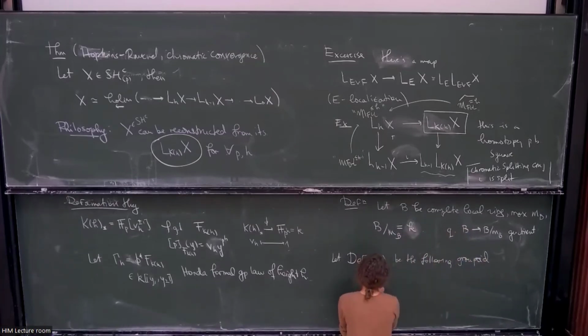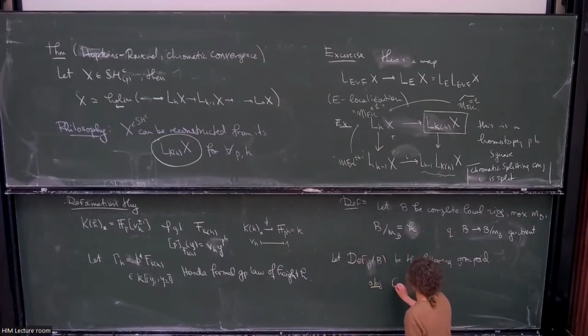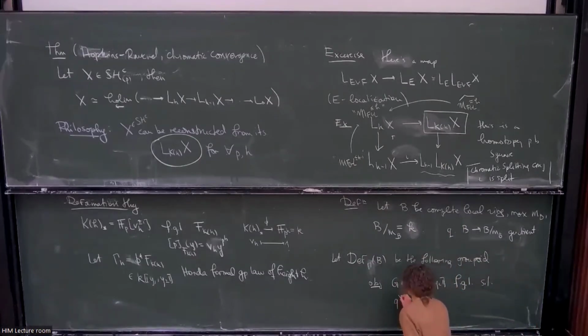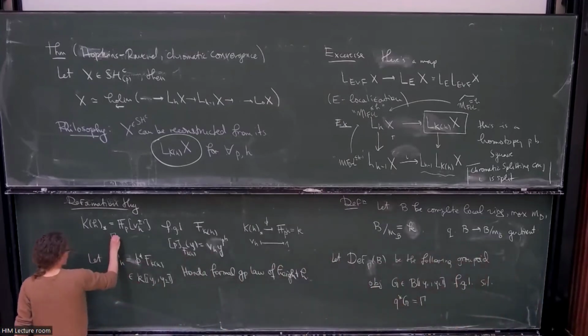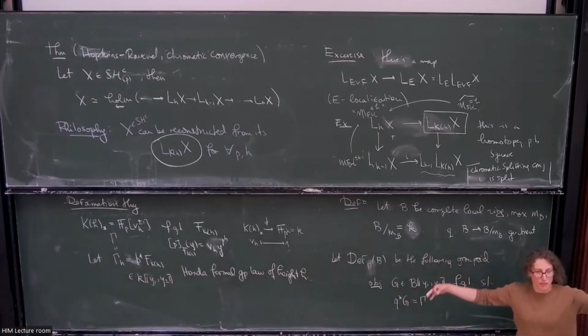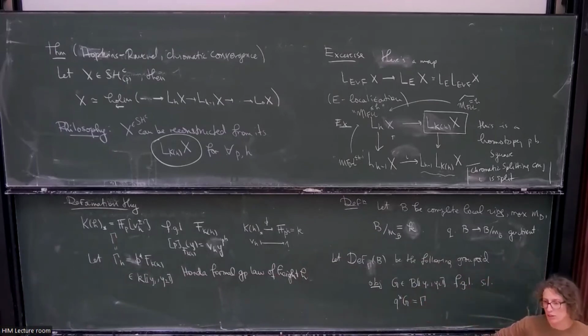Okay, so the objects are going to be formal group laws G over B such that Q star of G is equal to gamma. I'm fixing my height, I'm fixing my gamma, so I'm just going to call it gamma. Okay, so what does that mean? You have a formal group law over this complete local ring, you reduce all the coefficients modulo the maximal ideal, and you just get this formal group law gamma that I picked. Okay, this is called the deformation.